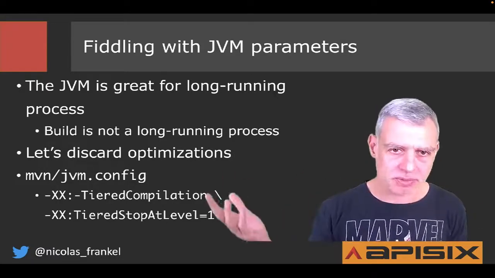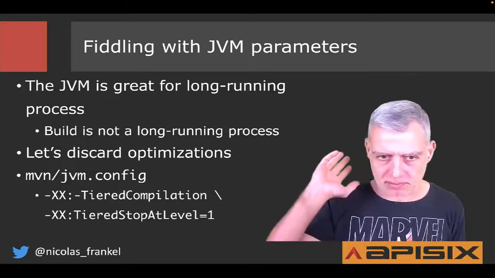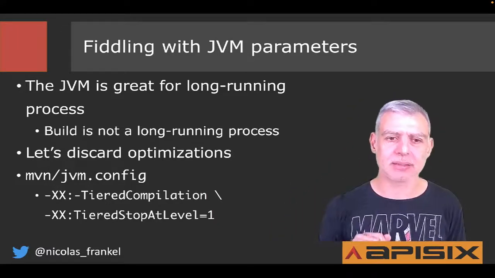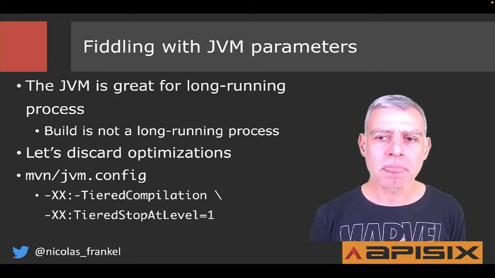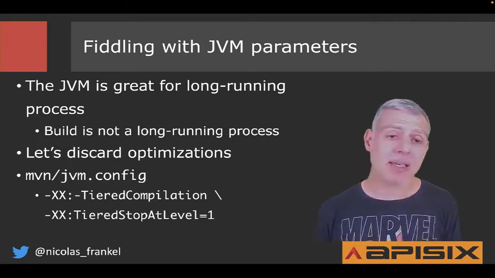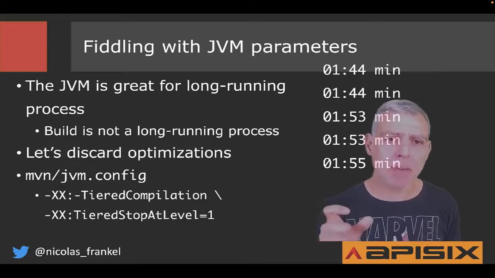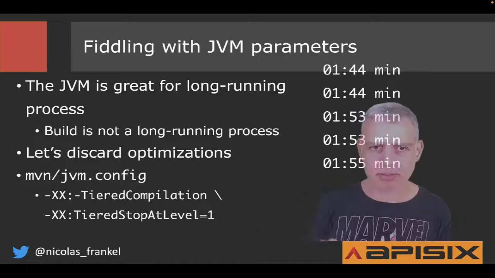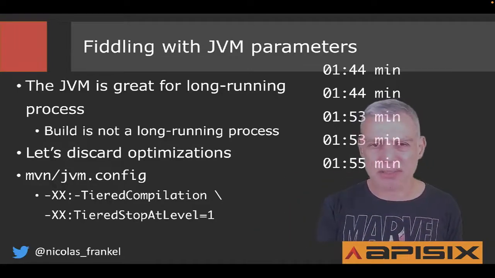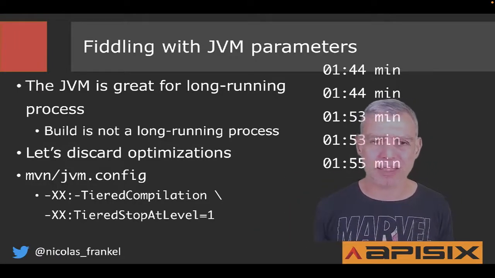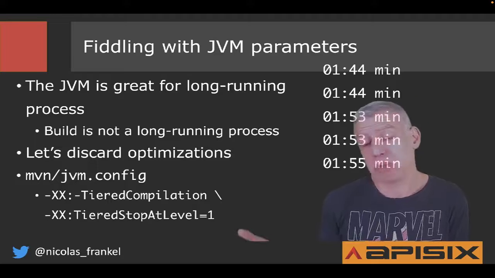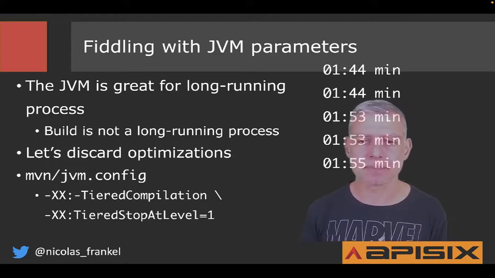If you are a JVM guru, you probably might be much better at optimizing this part. But in my case, I improved the build time a bit. Again, the baseline is around 2 minutes. Here, again, it's between like 15 and 5 seconds each, which is not that bad.